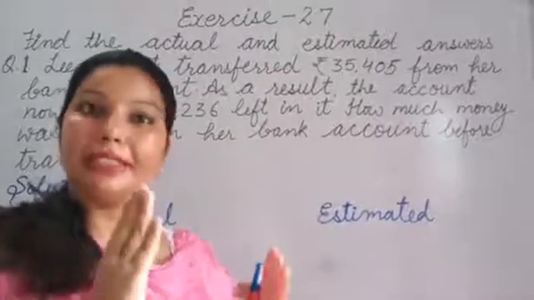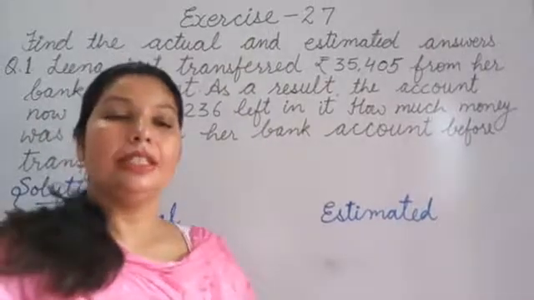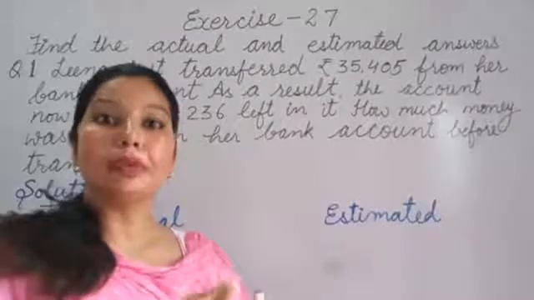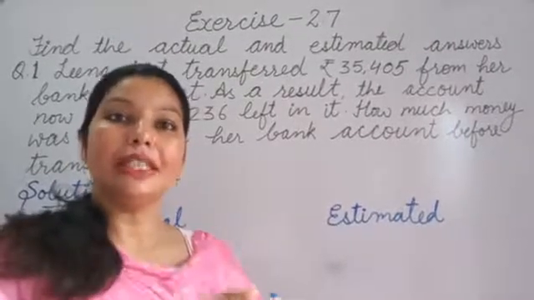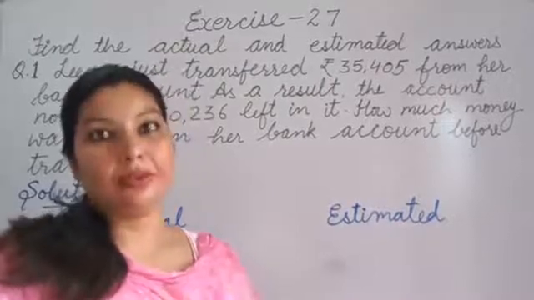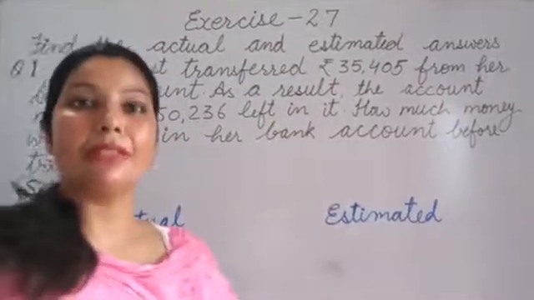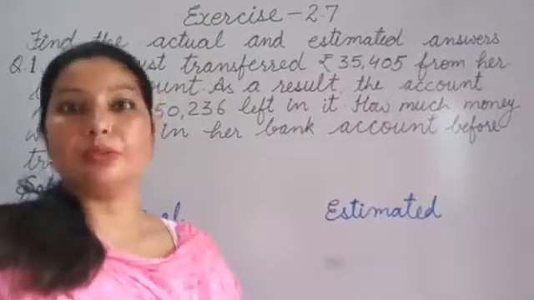If we are subtracting, that is estimated difference. If we are multiplying, that is estimated product. And if we are dividing, that is estimated quotient. So here we have to do plus, minus, multiply, divide. Word problems are there, so according to the question we have to do the operation.